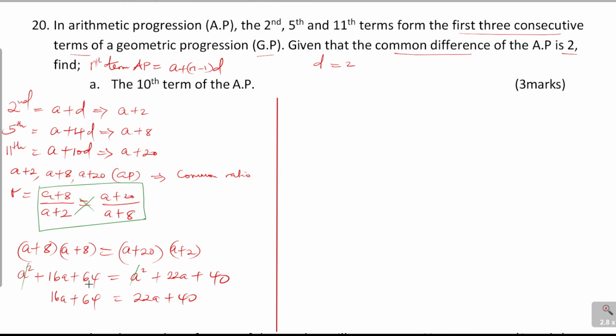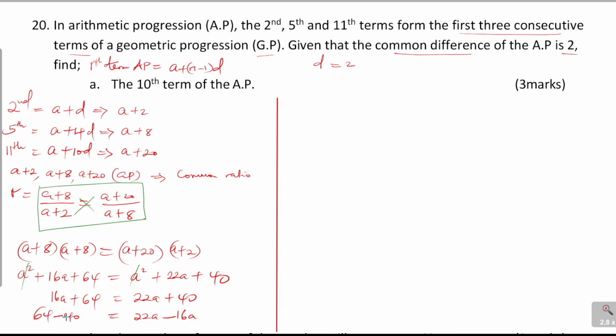For this one, you can take the like terms together. So I'll take 22a minus 16a is equivalent to 64 subtract 40.